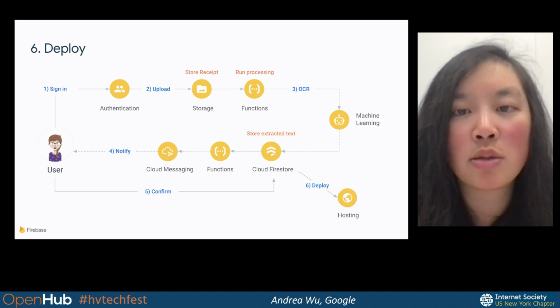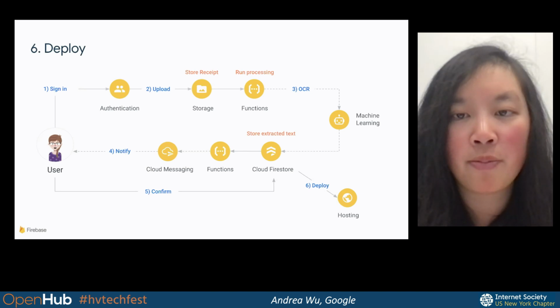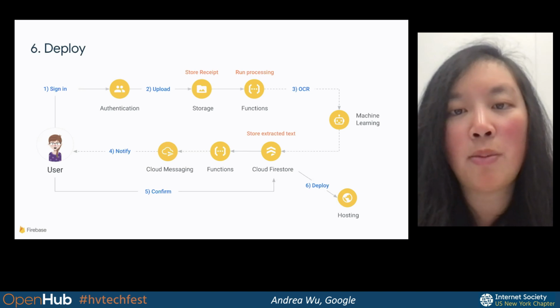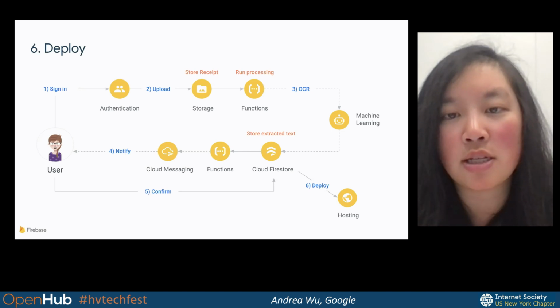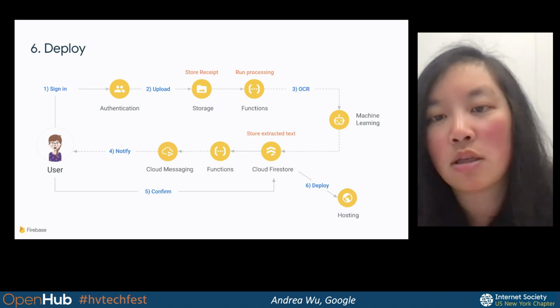And then we run some more functions based on values being written into Firestore to automatically send a cloud message to a user to have them confirm the receipt amount. And we even put it up on a website so people can start using this app immediately. And we didn't really have to write very much code to build out these systems.